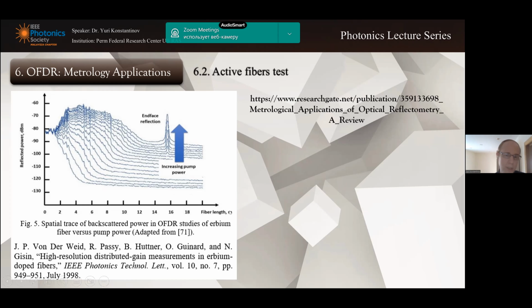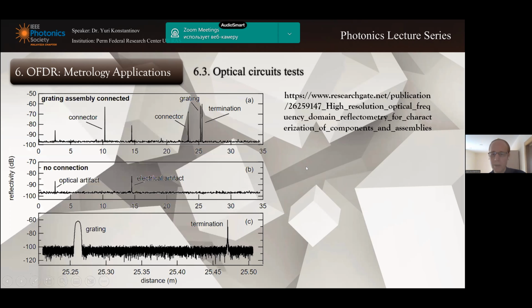So we can see that these fibers will have rather high attenuation on the plot. And when increasing the pump power, the OFDR trace goes up, and we can tune the pump power to measure all kinds of different active optical fibers.